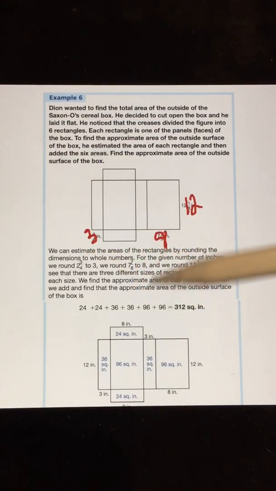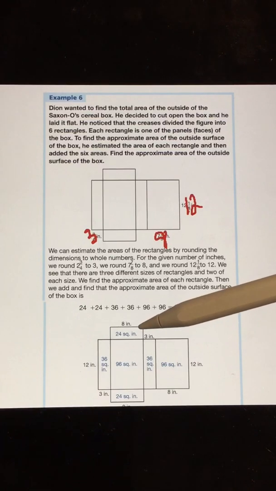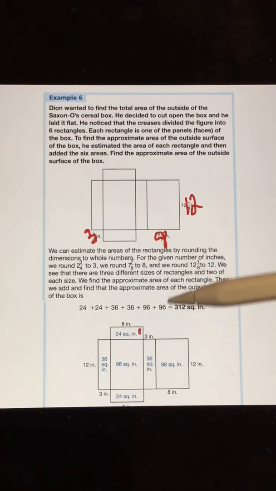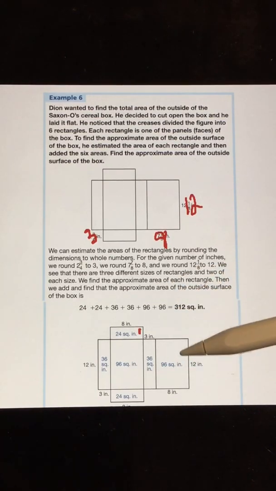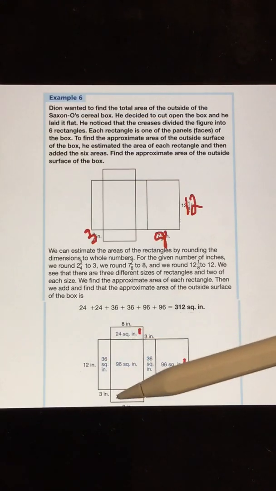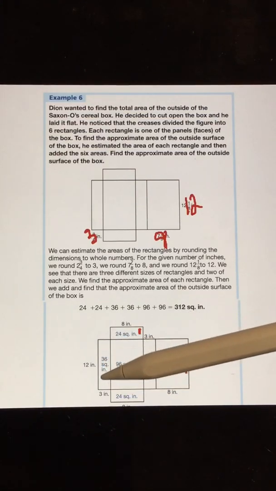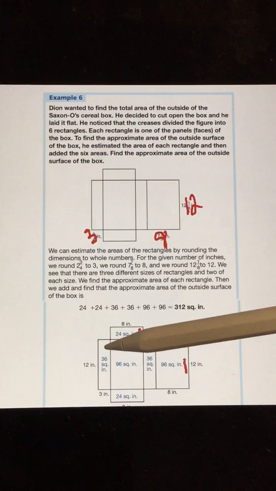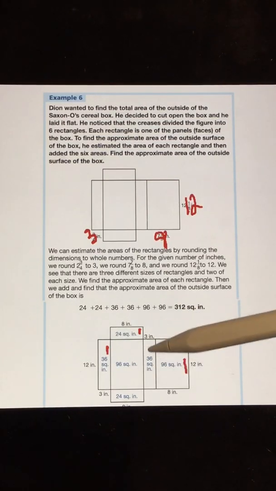So 8 times 3 is 24. Here you have 24 square centimeters. Over here, 12 times 8 is 96. Then we have 12 times 3 for this section, that's 36. We have 12 times 3 for this section, that's 36.